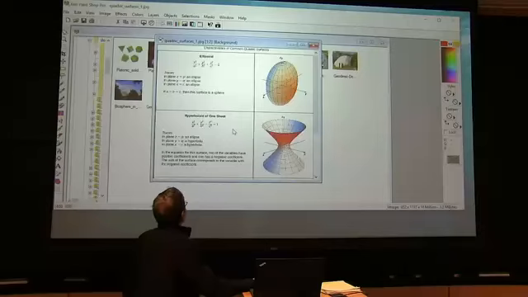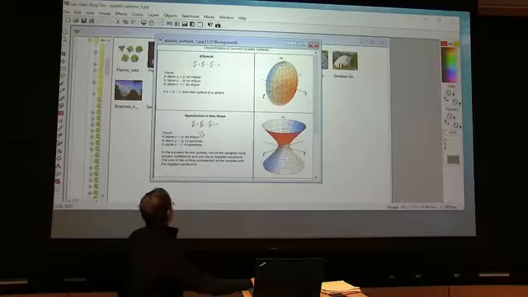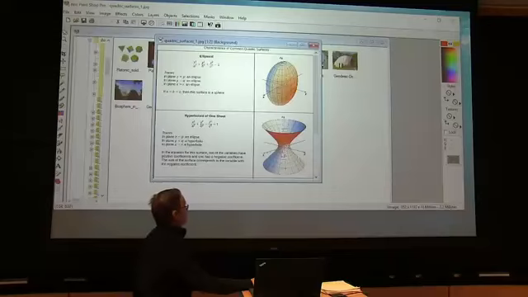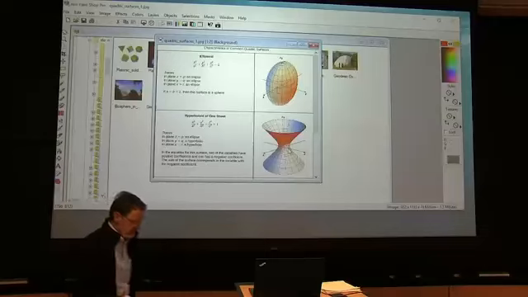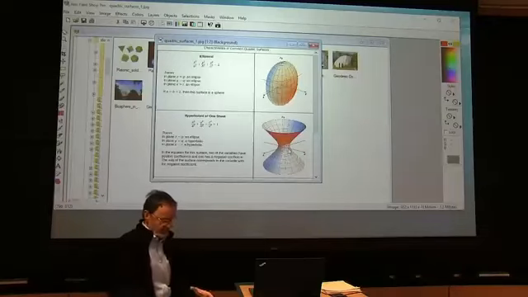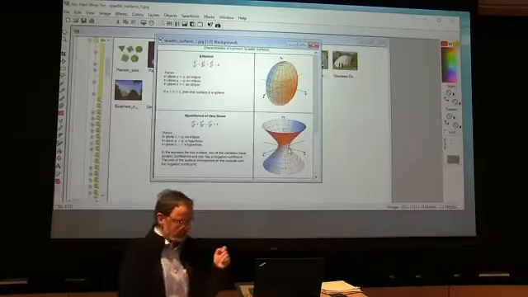We're going to be interested in this surface, which is a hyperboloid of one sheet. And it's x squared over a squared plus y squared over b squared minus z squared over c squared equals 1. And this is a shape you may be familiar with from certain kinds of furniture made out of rods.